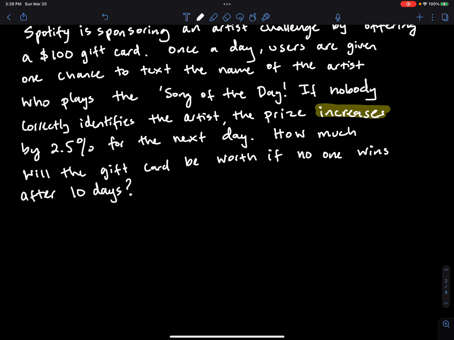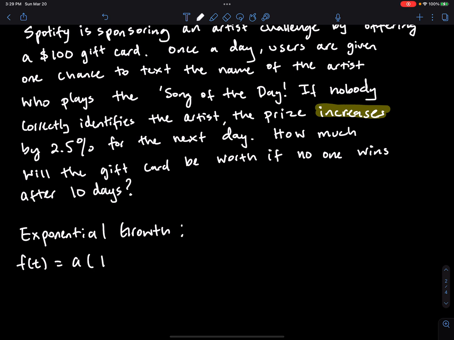So this is an exponential growth, and I'm going to use the formula f of t is equal to a times 1 plus r raised to the tth power. I can't just figure out the answer automatically without defining my variables.